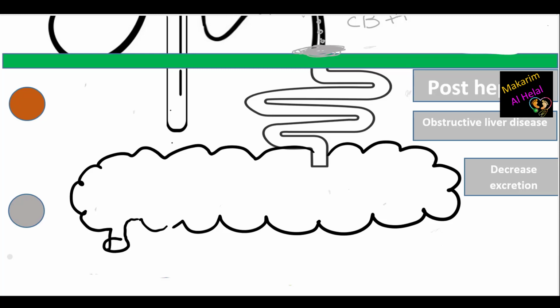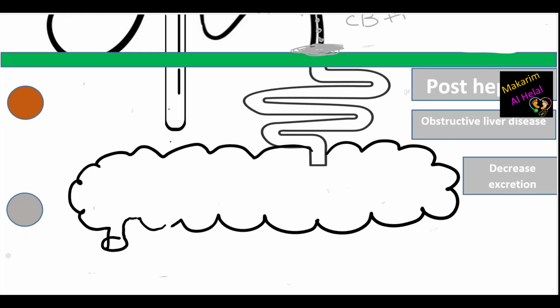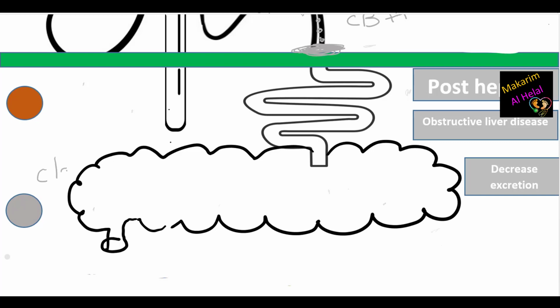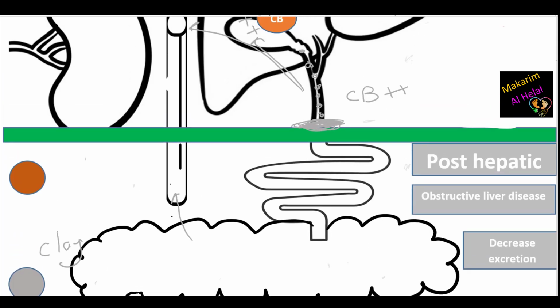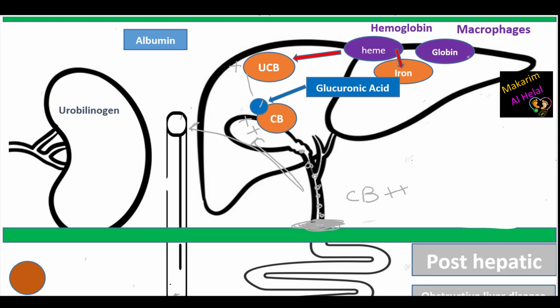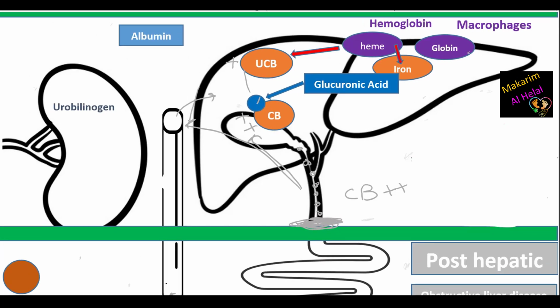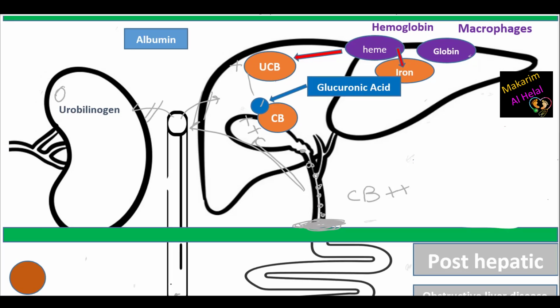So the character of stool in post-hepatic jaundice is clay color, which is colorless. So there is no urobilinogen going to recycle in the blood, no urobilinogen going to the enterohepatic circulation. There is no urobilinogen going to the kidney, meaning 0 urobilinogen in the kidney.